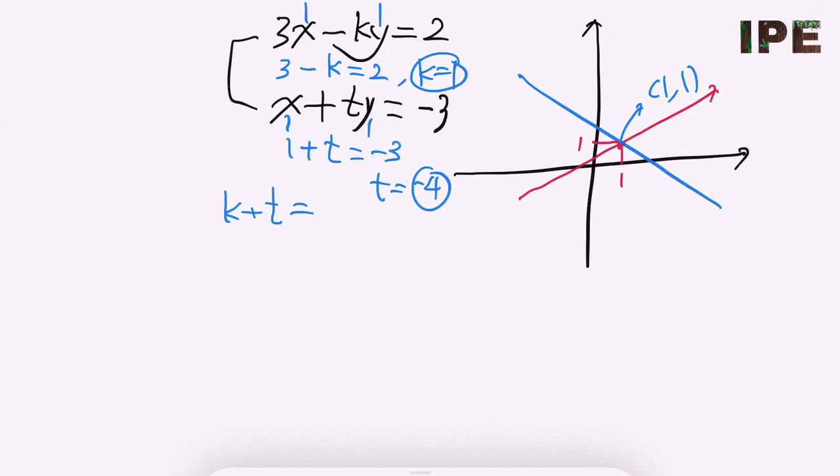So what is k plus t? 1 plus negative 4, which is negative 3. This is the answer. Okay, so you have to understand the concept of the graph method. What is the concept? The intersection point of the two graphs of two equations is actually the solution of the system of equations. The x, y coordinates of that intersection point are the x value and y value of that system of equations.